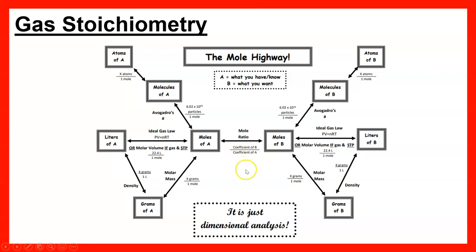I have had very good luck over the years not teaching this as a totally separate topic. I don't teach this like it's its own separate thing. I like to point out we are still doing stoichiometry. You still have a pathway to follow. You still cancel your units. You just have a different way to get from point to point. And I hope that can help simplify it for you.